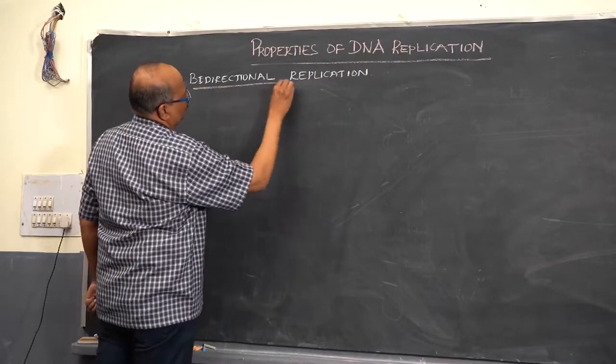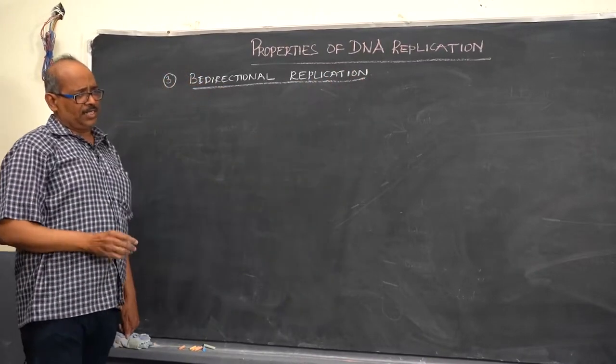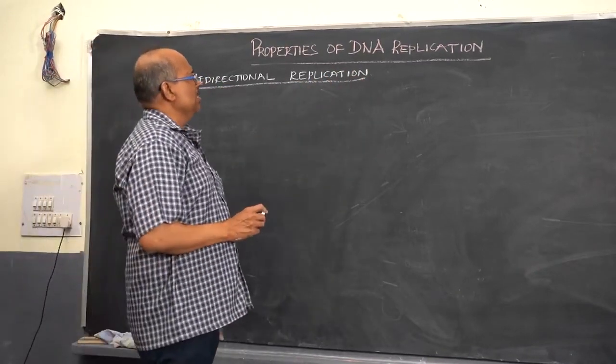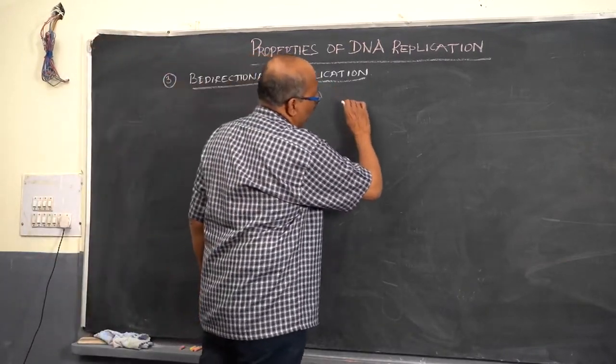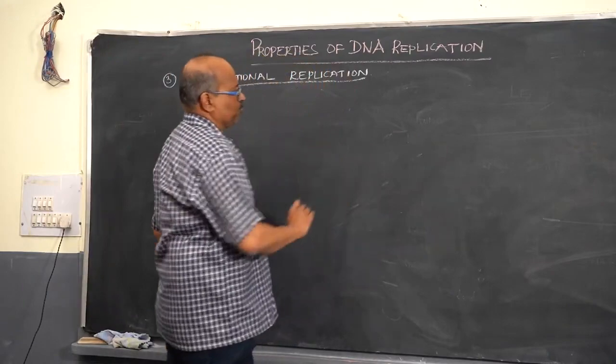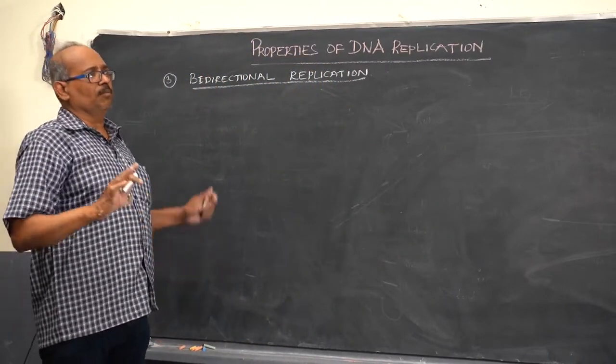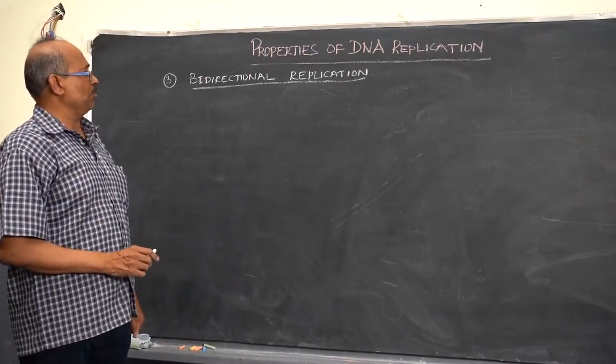So when I discussed the semi-discontinuous mechanism, I said I am showing one half of the replication fork. I have not shown both sides of the replication fork.